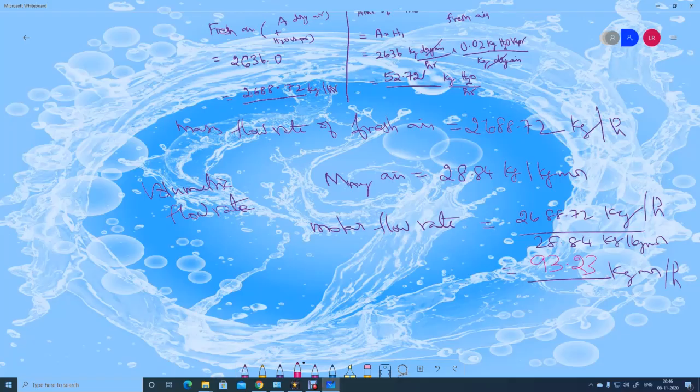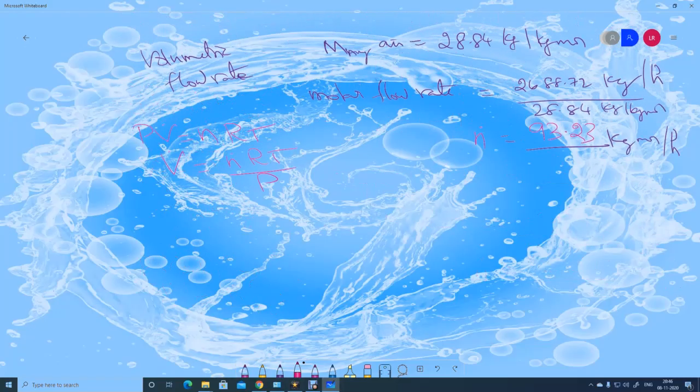So we can convert it into volumetric flow rate. PV equals nRT, assuming it obeys the ideal gas law. So volumetric flow rate is nRT by P. Here it is n dot, and when it is n dot, what we get is V dot, that is per unit time. So you can substitute all the values.